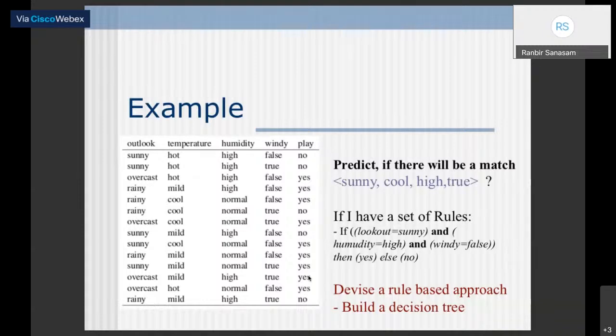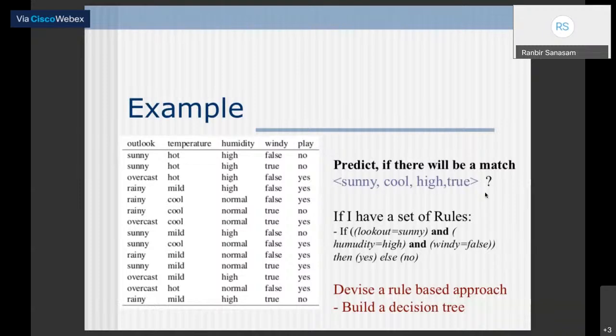Play is the class label and the other four are the features. So if I have a new weather condition, sunny, cool, high, then will there be a match or not? This is my classification task.